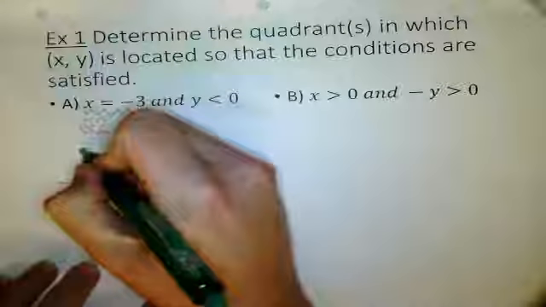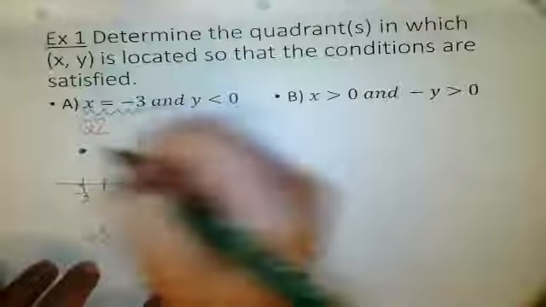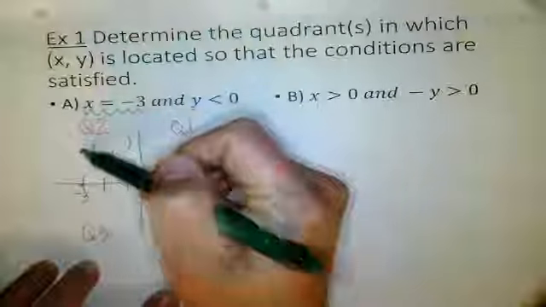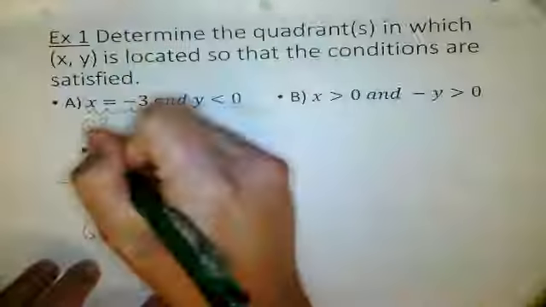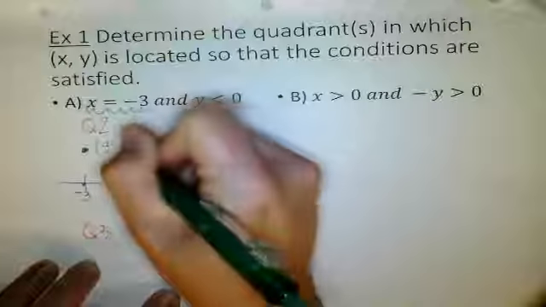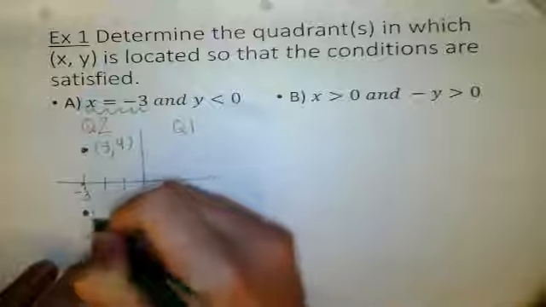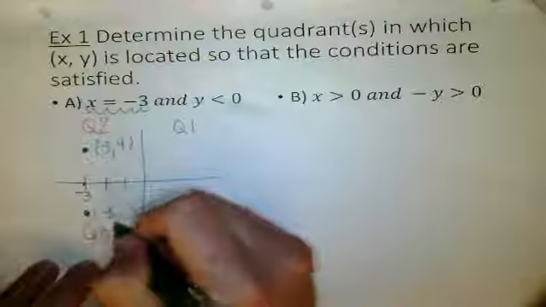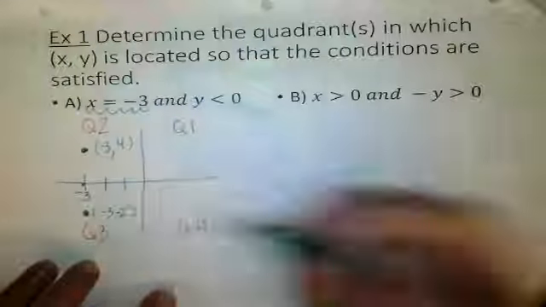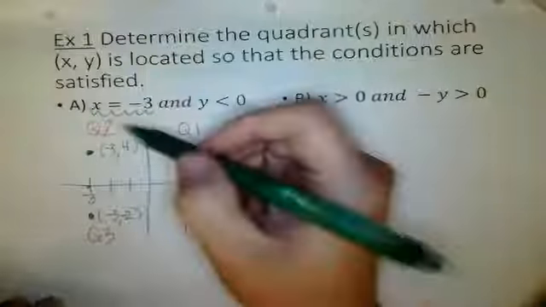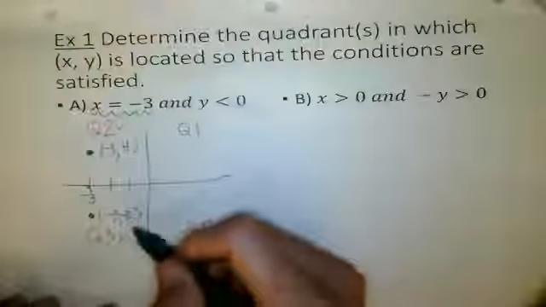Which means I could have a point up here. Generically, what could I name this point? (-3, 4). Okay, sure. And what about this point right here? (-3, -2), right? So right now we're in quadrant 2 or 3.